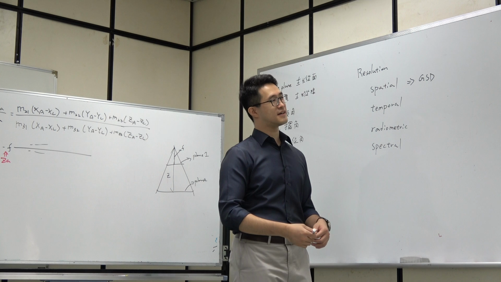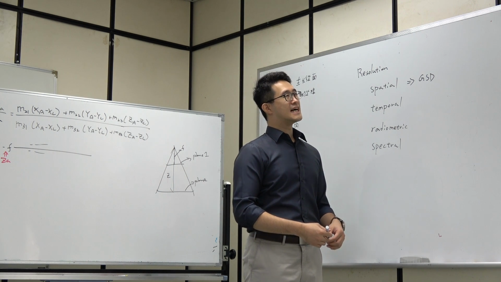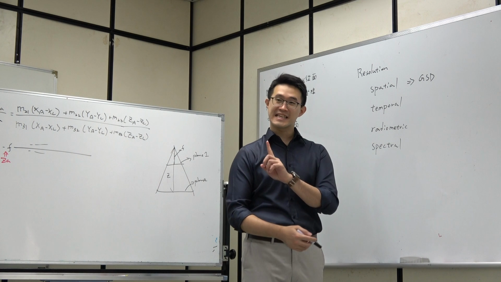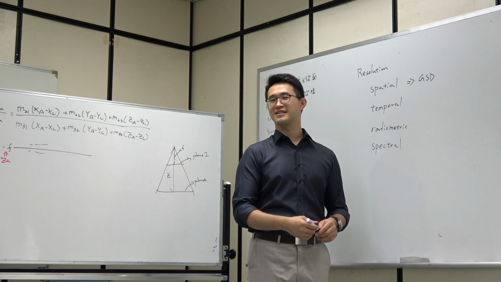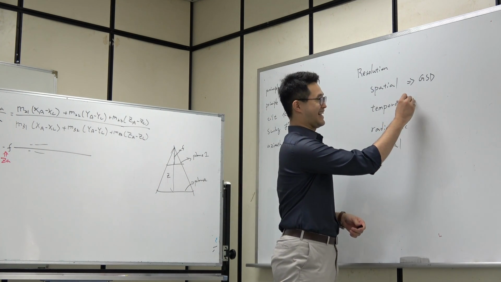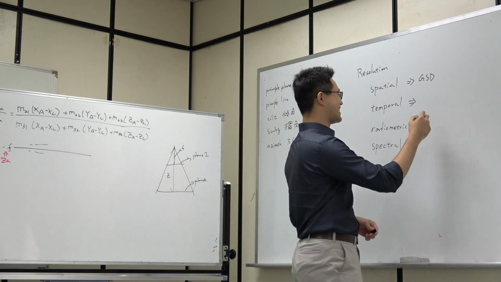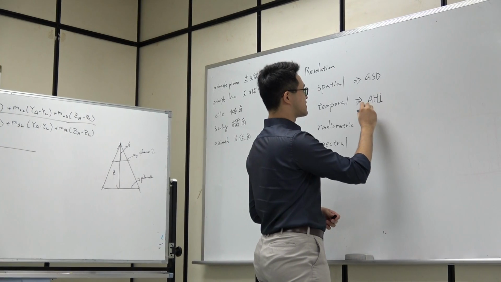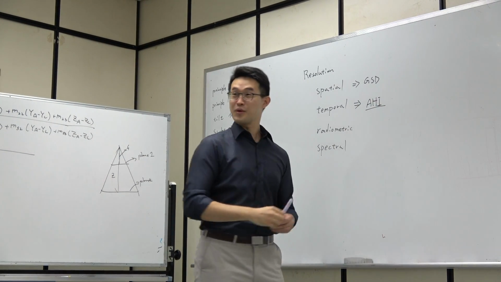So what's the highest temporal resolution from 1 single satellite that you can get currently? 10 minutes. Yes, 10 minutes, which is from AHI. So Himawari, which satellite?